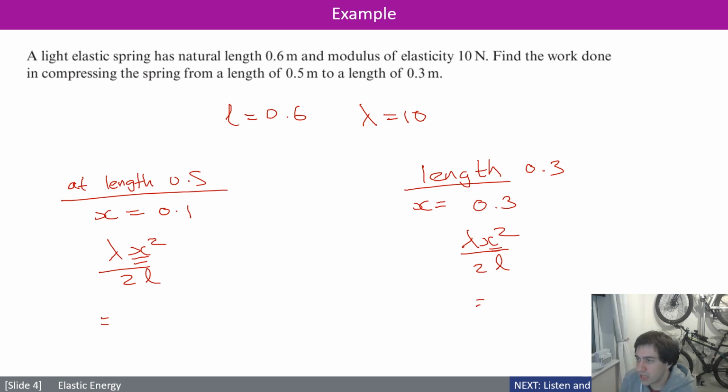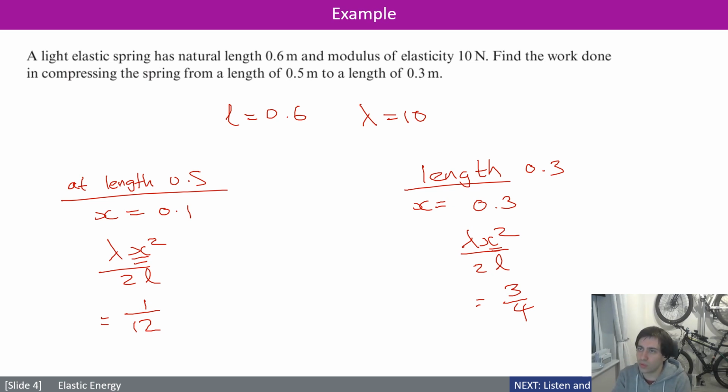So in the first case here, if you do 10 times 0.1 squared divided by 2 times 0.6, we get a 12th. I won't show the full working, but that's what we get. And in the second case, we've got 10 times 0.3 squared divided by double 0.6, and there we'll get 3/4.